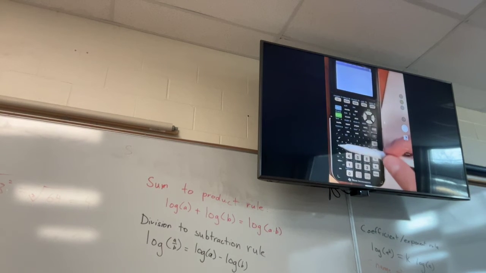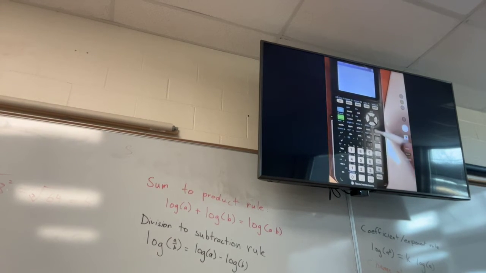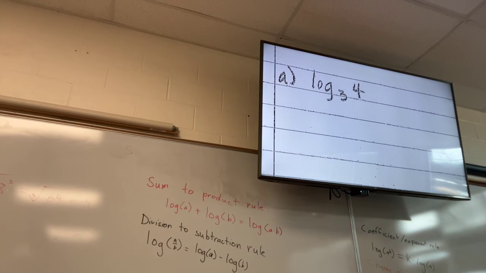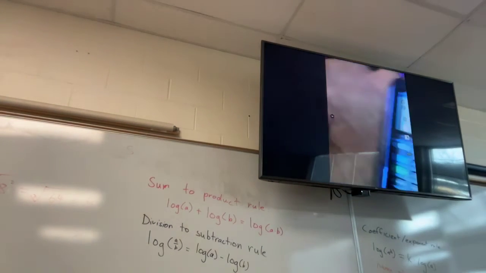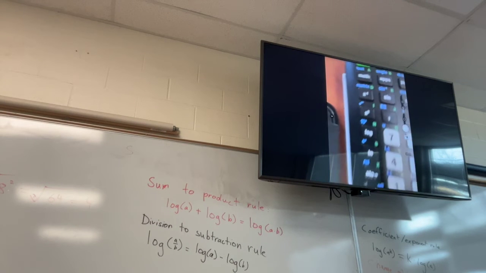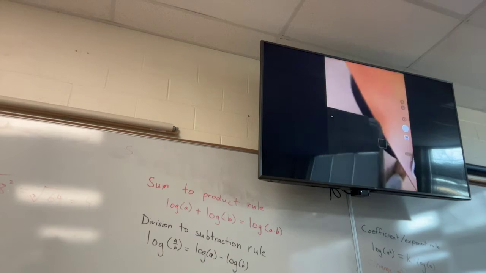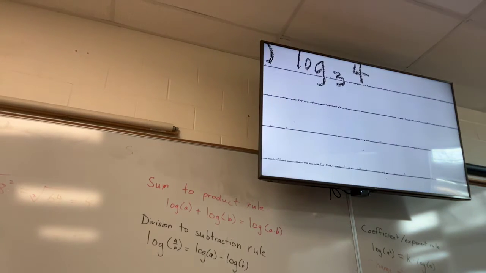Or I could do ln, but that's log base e. So there's no log base 3 button, but there is a log base 10 button, right? So we want to rewrite this.